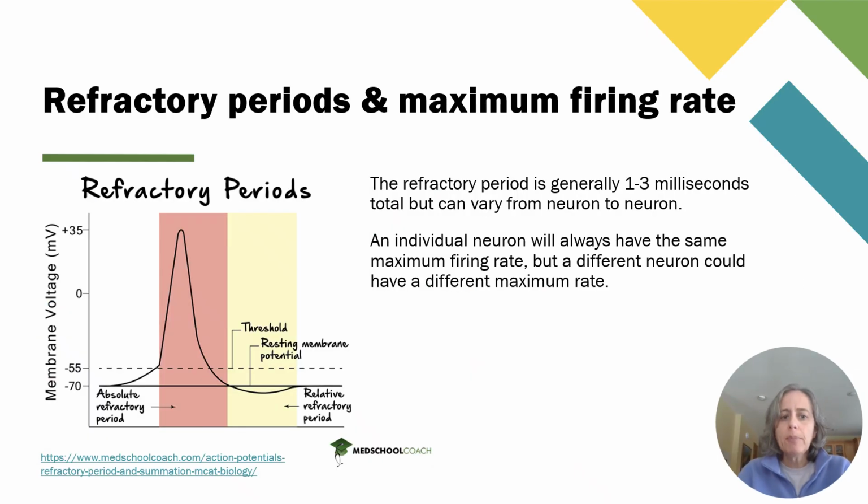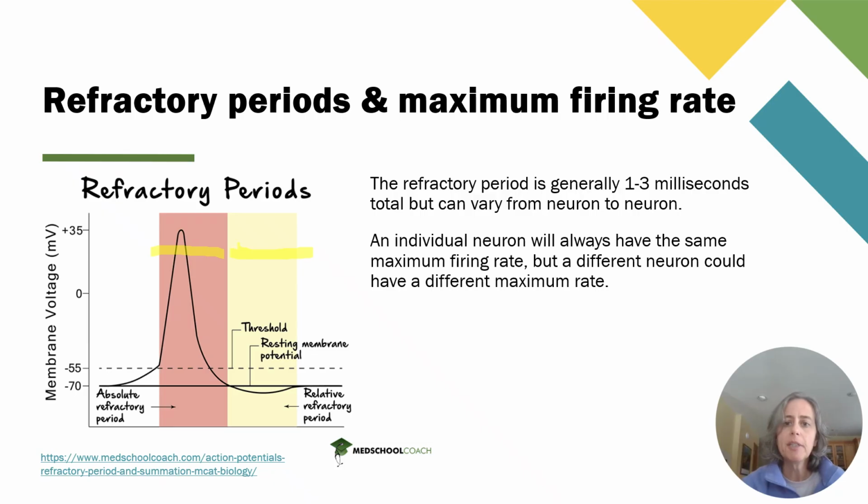So these refractory periods, and this is just another diagram of the same thing. So you've got the absolute refractory period is this section here. And then the relative refractory period here, where it is impossible or more difficult to send an action potential. So that is going to determine how quickly you can send action potentials because you can't send another one until the refractory period is over.